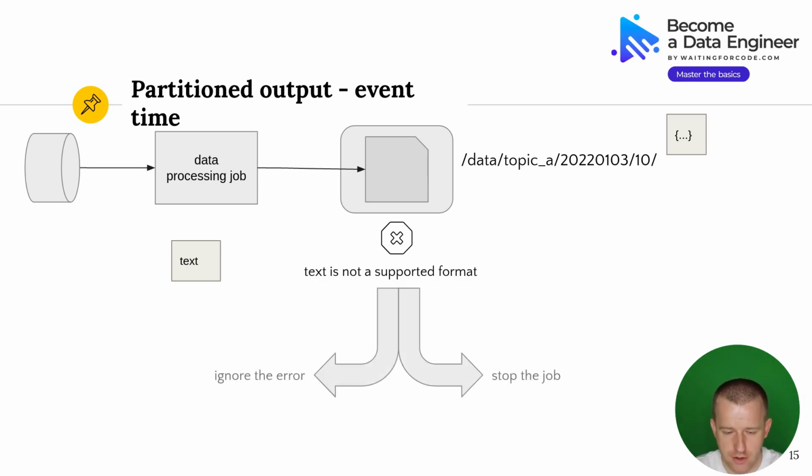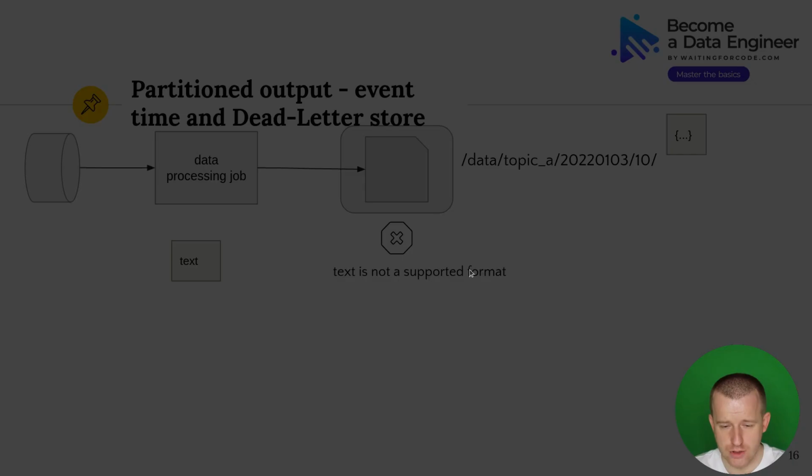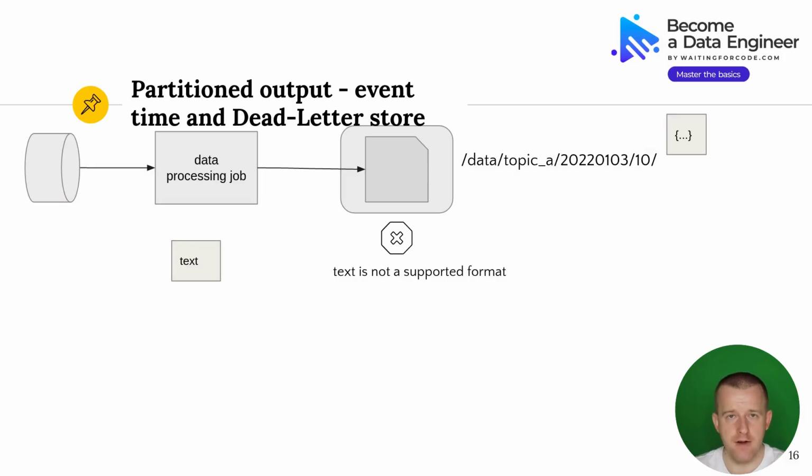We can either ignore the error and keep the job running, or we can stop the job and fix this issue, or add some try-catch block to catch this fact of having an unexpected format. But there is also a third approach with a dead letter store.